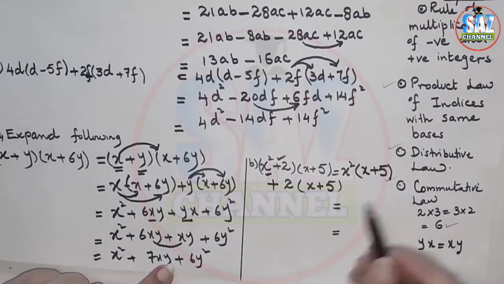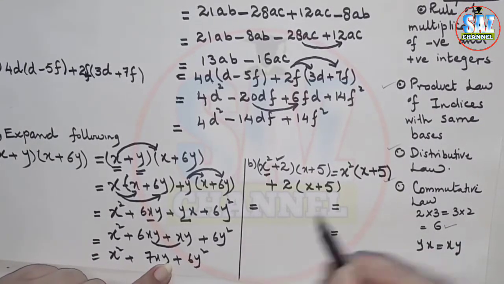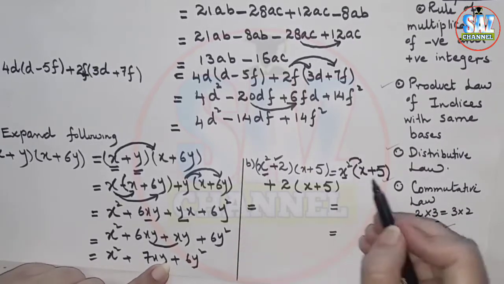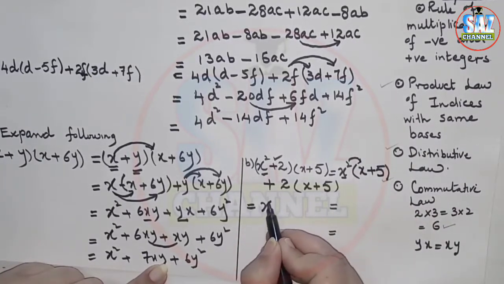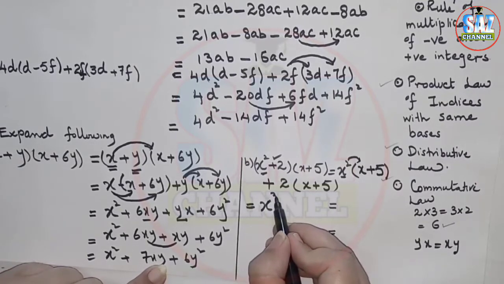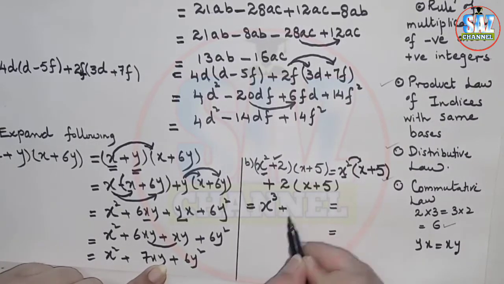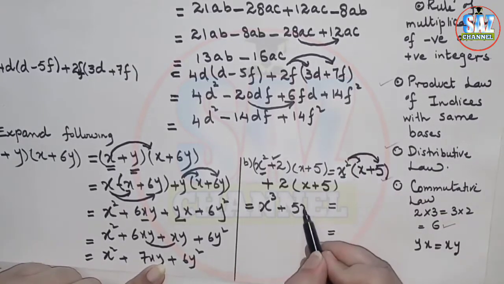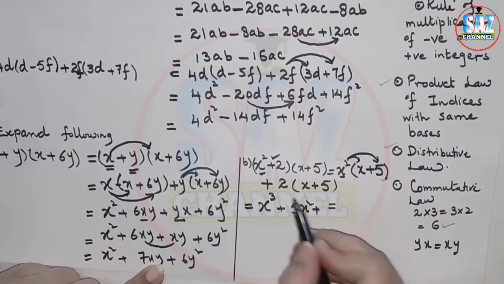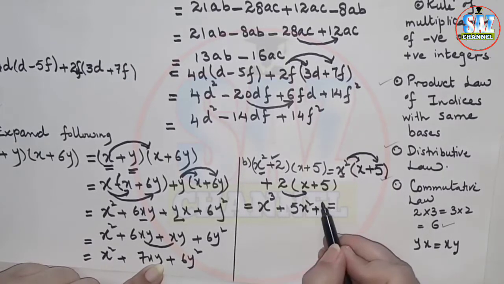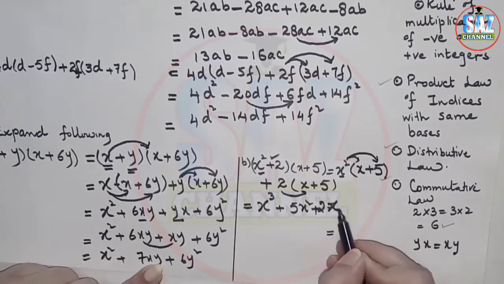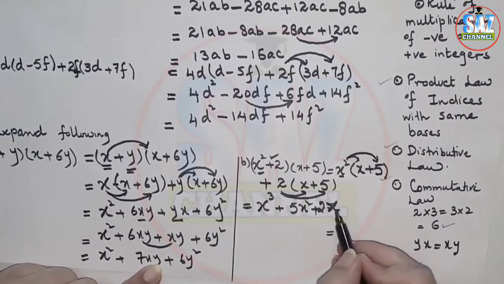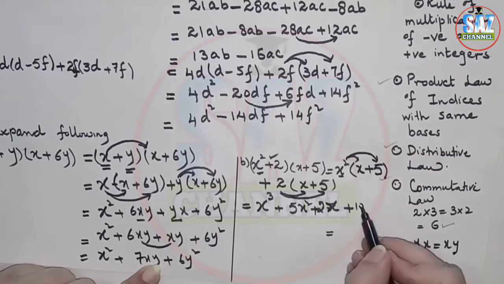Then what we have to do is that I will be taking this x square and I will be multiplying with first x. When x square will be multiplied by x, this will become x cube plus 5x square plus 2 will be multiplied by x. This will become 2x. 2x plus 2 when multiplied by 5 will become 10.